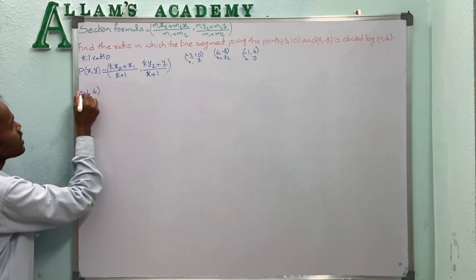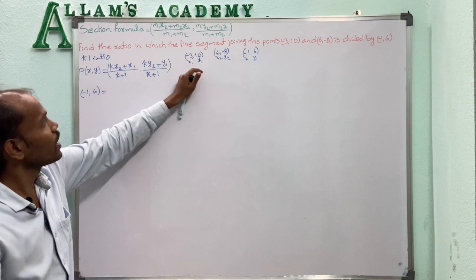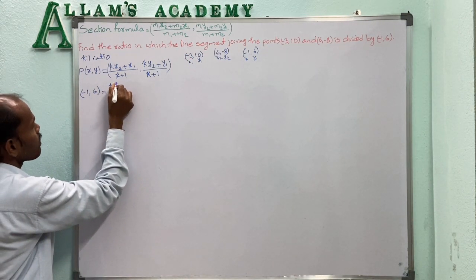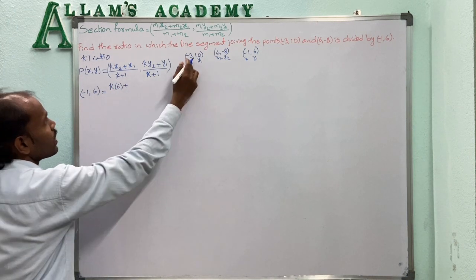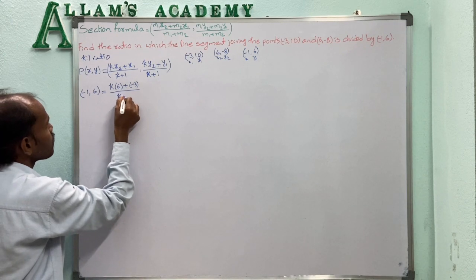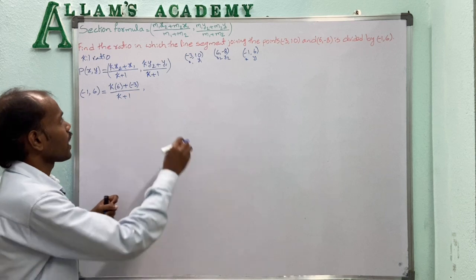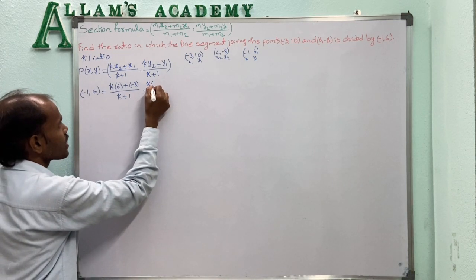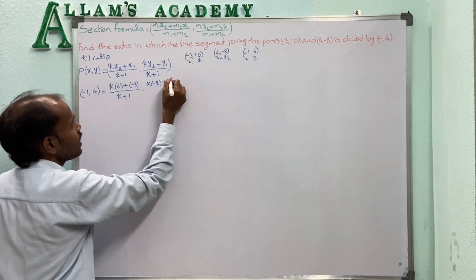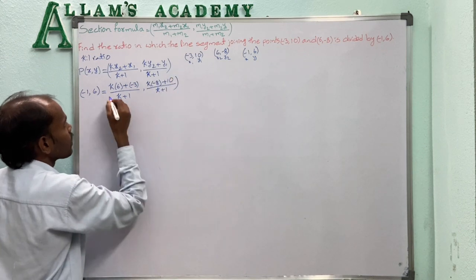Now (-1, 6) is equal to k into x2. So k into x2 is 6, not -6, plus x1. x1 is -3, by k plus 1. Now k into y2, so k into -8 plus y1. y1 is 10, given by k plus 1.